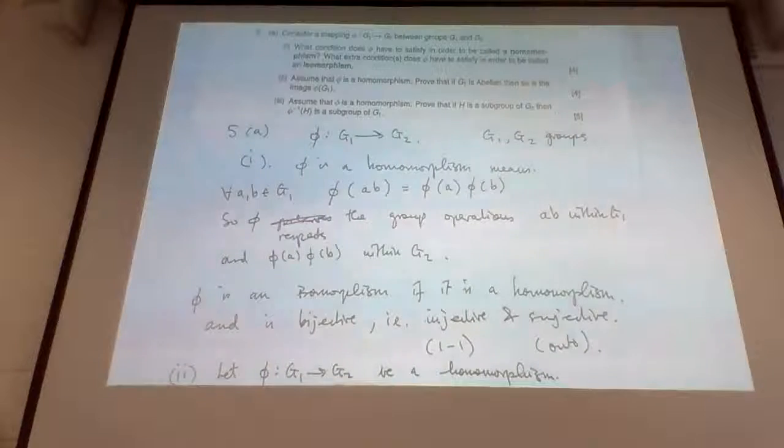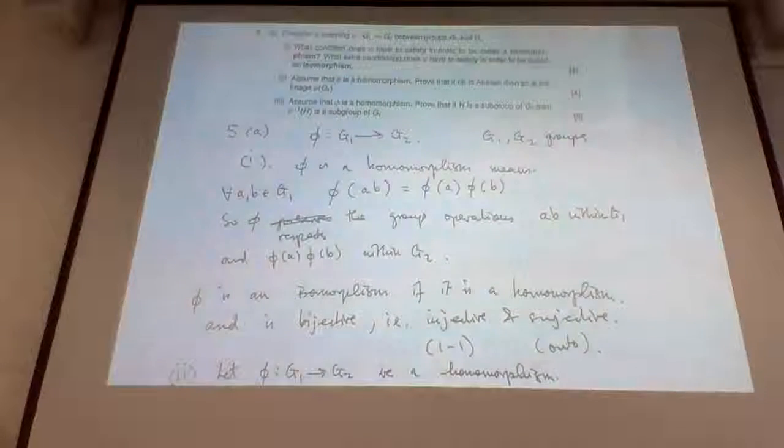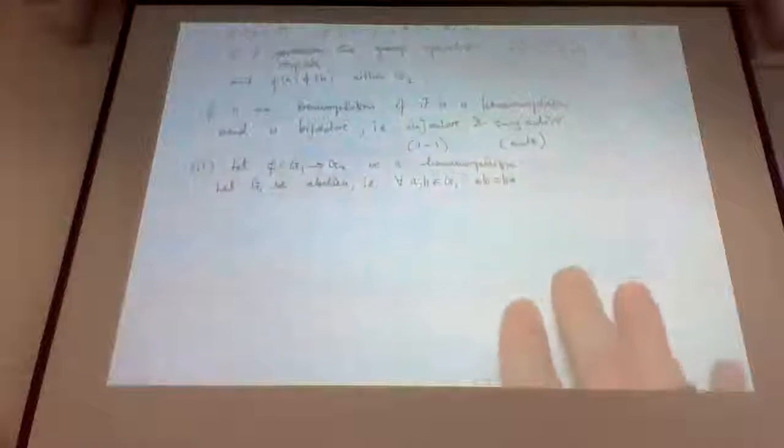So let G1 be abelian. Just to remind ourselves, that means for all A and B in G1, AB equals BA. That's what it means to be abelian.